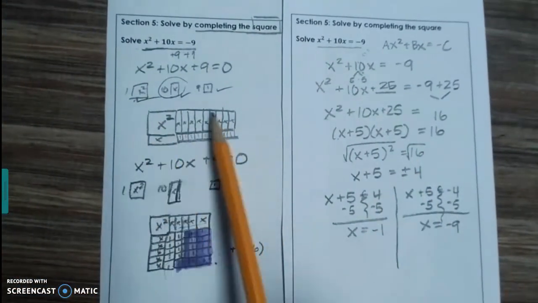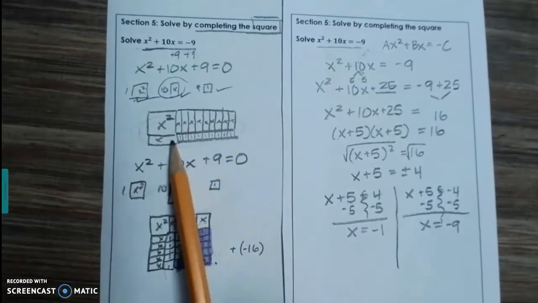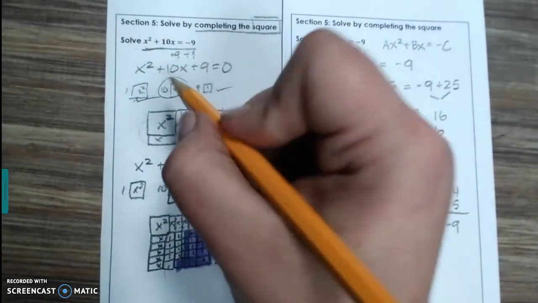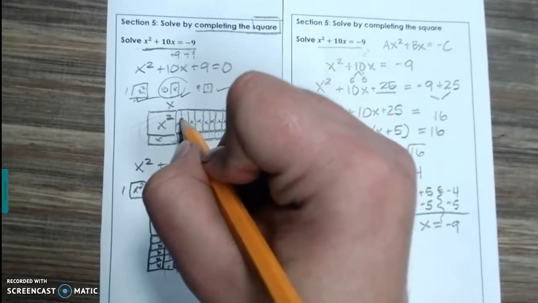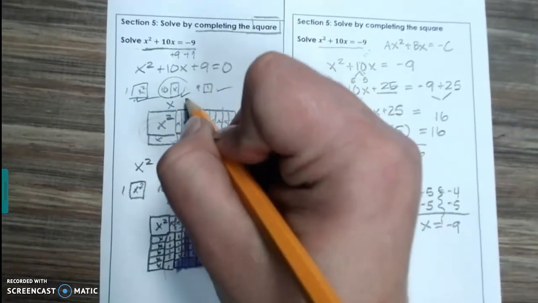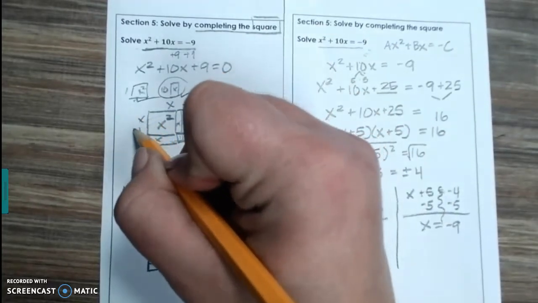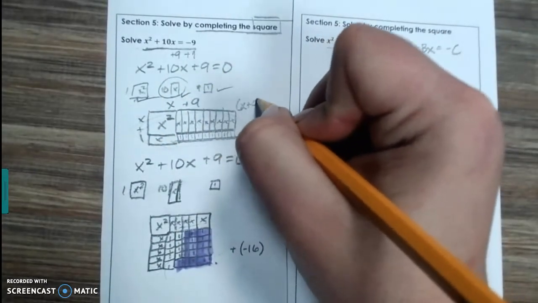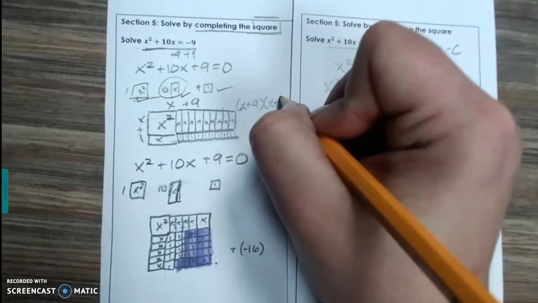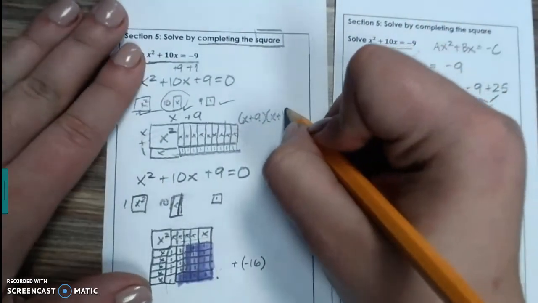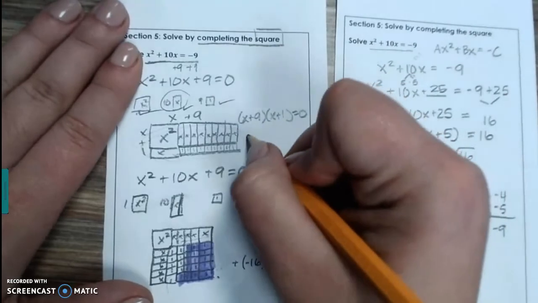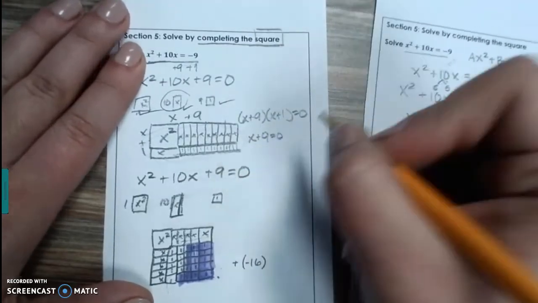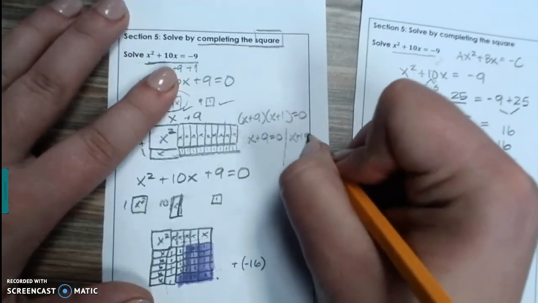If I was to factor this original, it would be x plus 9 and x plus 1. Those would be my factors. If I set x plus 9 times x plus 1 equal to 0, I would have x plus 9 equals 0 and x plus 1 equals 0.